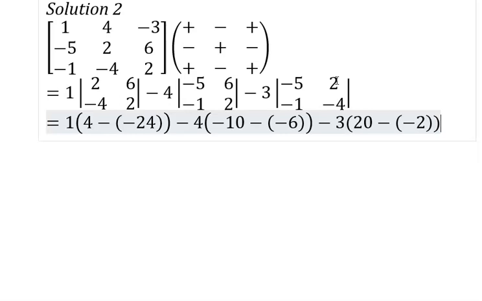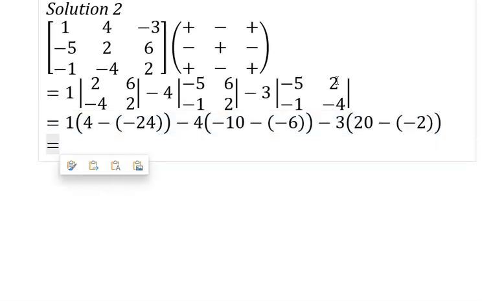So having done that, you now say 1. Open bracket. This minus times minus here will give you what? Plus. Minus times minus will give you plus. Then you have your 24. Close your bracket. Come here, minus 4. Open your bracket.